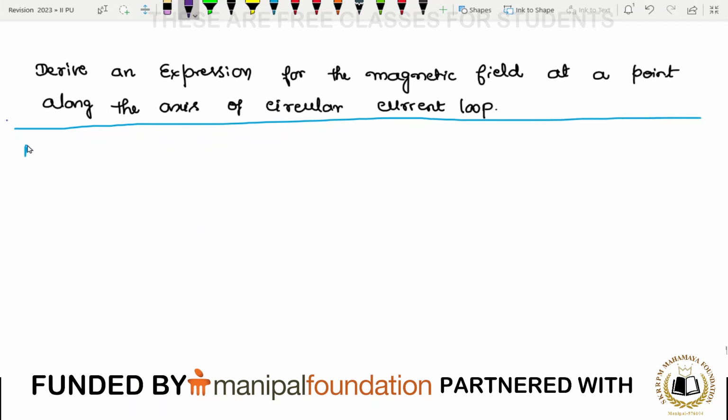So derive an expression for magnetic field at a point along the axis of a circular current loop. So many times this question got repeated.